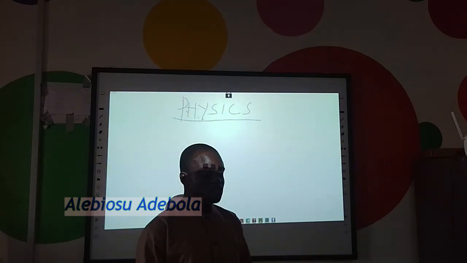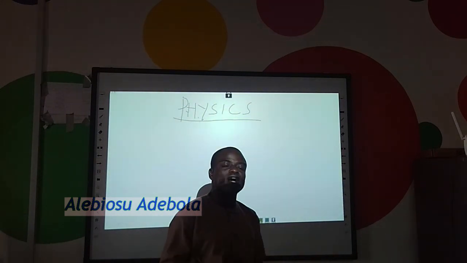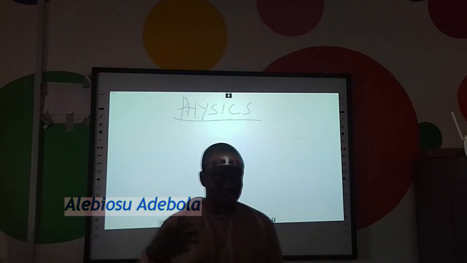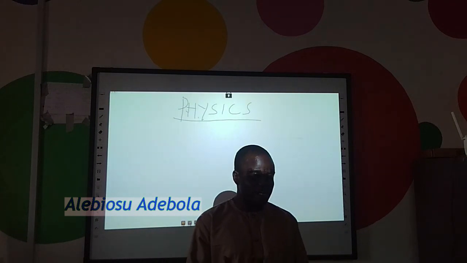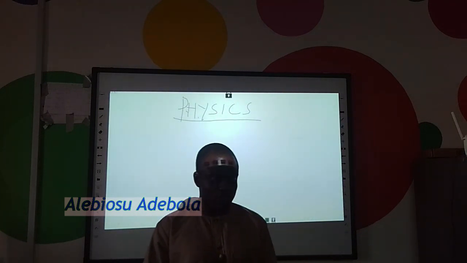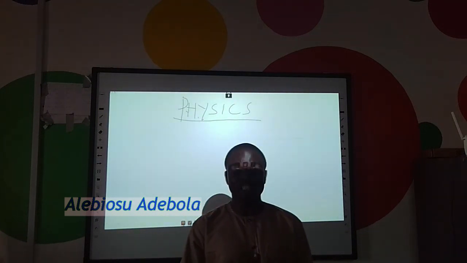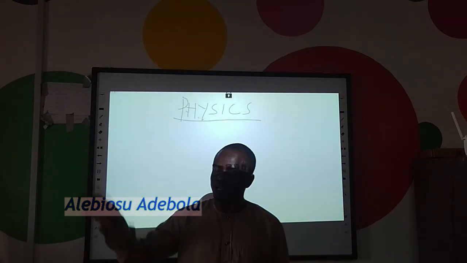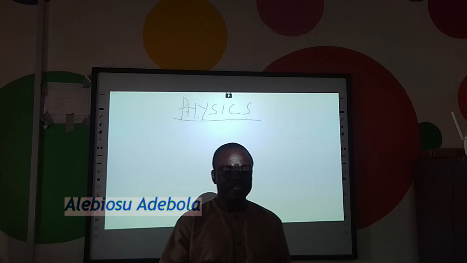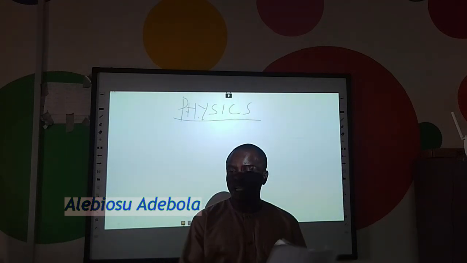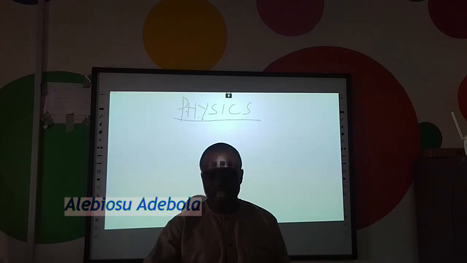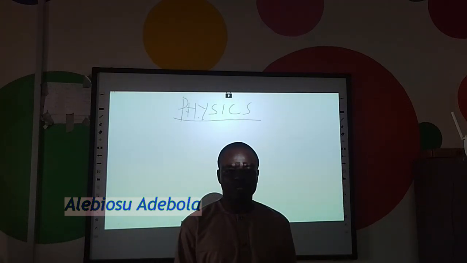Escape velocity is the minimum velocity required for an object, e.g. a satellite or rocket, to just escape or leave the gravitational influence or field of an astronomical body, e.g. Earth. When the force holding a satellite in place weakens, it gets loose and escapes away into space.